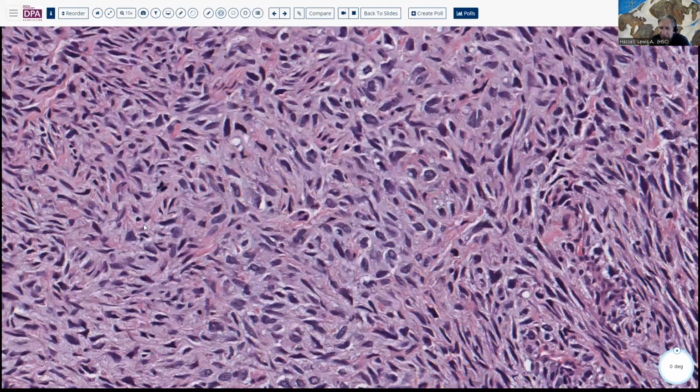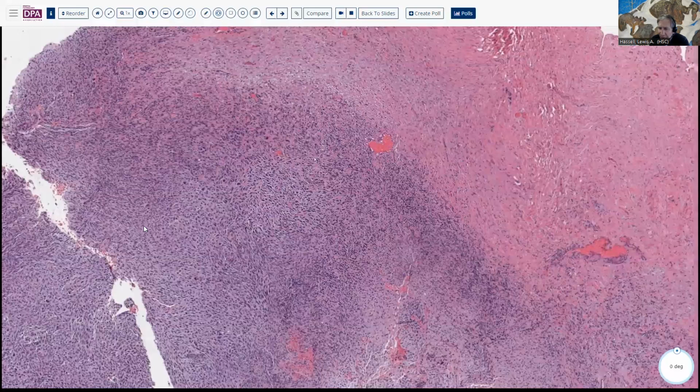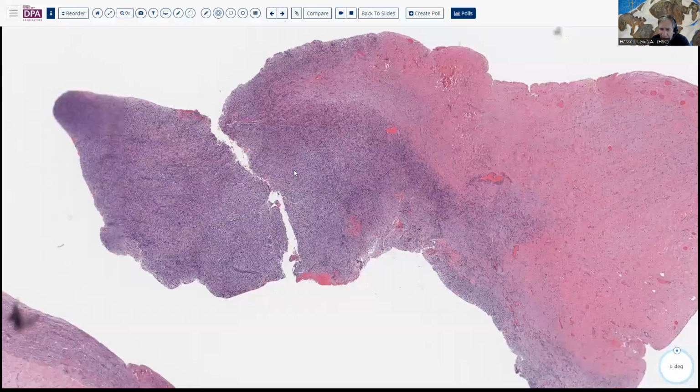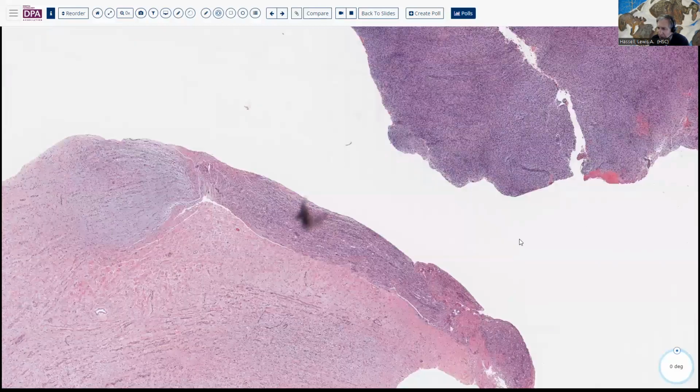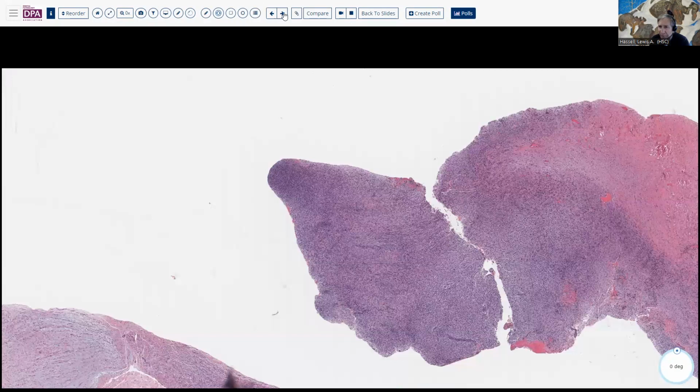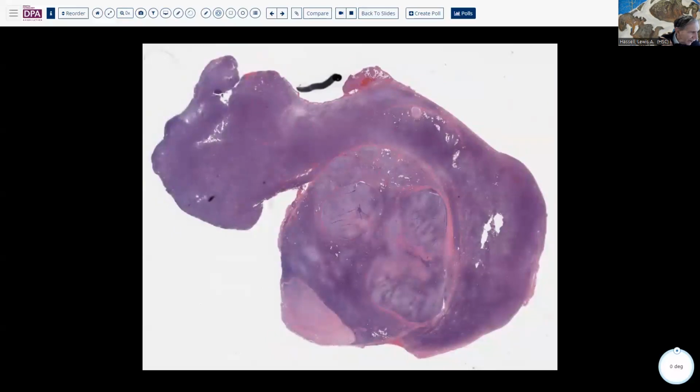There may be some mitotic activity here. And so this is, in fact, a malignant peripheral nerve sheath tumor that is developing out of this neurofibroma. Now, that's not terribly common per se, but it is something to be concerned about.